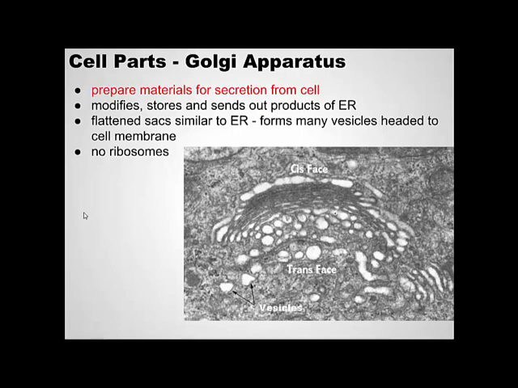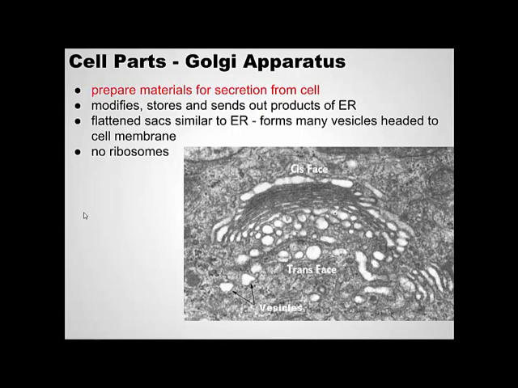It would send materials to the cis phase of the Golgi apparatus. Those materials could be rearranged, could be modified in some ways, eventually make their way to the trans phase, get put into these little bubbles, which then head out to the cell membrane, merge with it, break open, and then release their products outside of the cell.